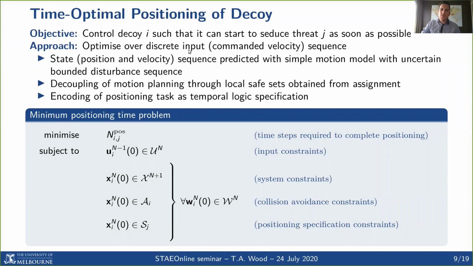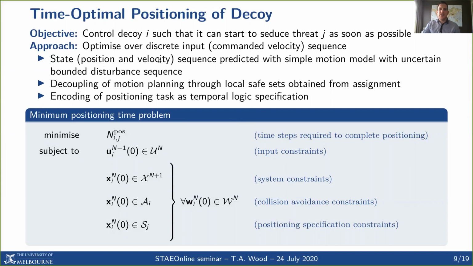And what we're optimizing is over some input. In this case, we're using a very simple model. So we're saying we are commanding reference velocities. And so we're looking at a time optimal problem where we're trying to minimize the positioning time. And so this is now for each decoy individually.